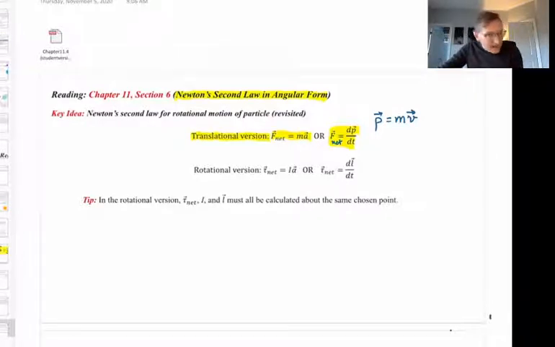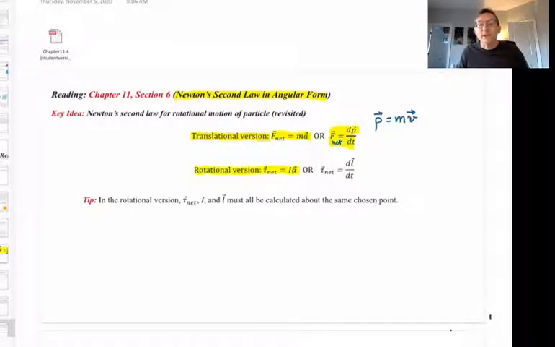And we used both versions of Newton's second law, whichever was most convenient in a given situation. Then in chapter 10, where we had a rigid body rotating about a fixed axis of rotation, we came up with a rotational version of Newton's second law. The net torque about the given axis of rotation is equal to the rotational inertia about the axis of rotation times the angular acceleration, alpha.